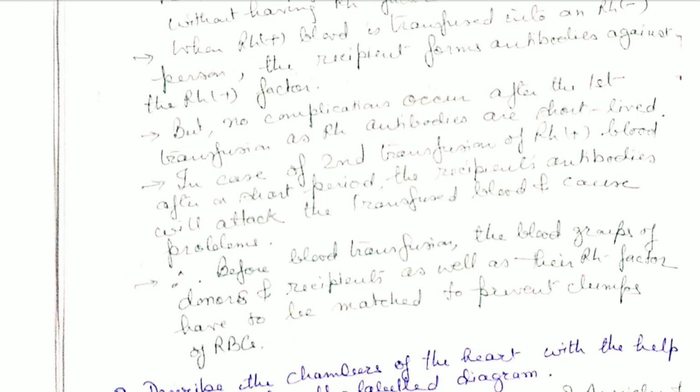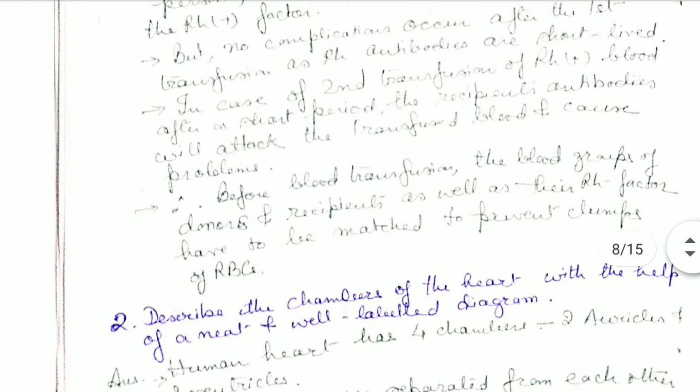Therefore, during blood transfusion, the blood groups of the donor and the recipient as well as their Rh factor have to be matched, to prevent clumps of RBCs.